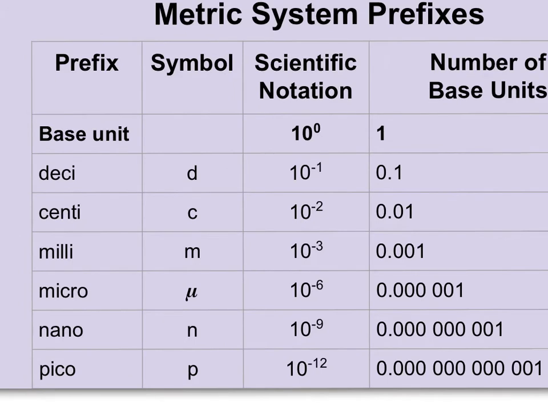At the bottom of this chart, you see prefixes that essentially multiply the base unit by a tenth, a hundredth, a thousandth, etc. of that base unit. So for example, if you have a milliliter, you have a thousandth of a liter, or 0.001 liters, or 10 to the negative third liters.